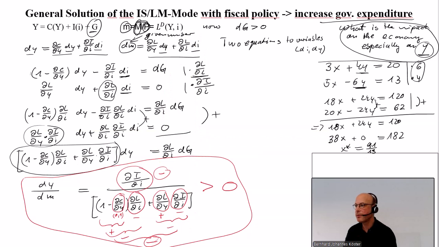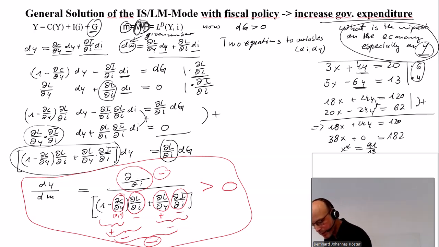Again, our calculations are the same, only that now we have in the upper part the dependence of money demand on interest rates. So only this I is changing. But everything else stays the same. And also the dependence of money demand on interest rates is negative.